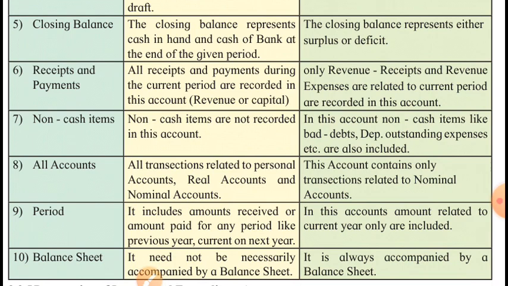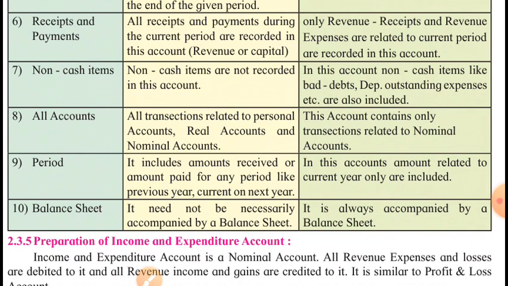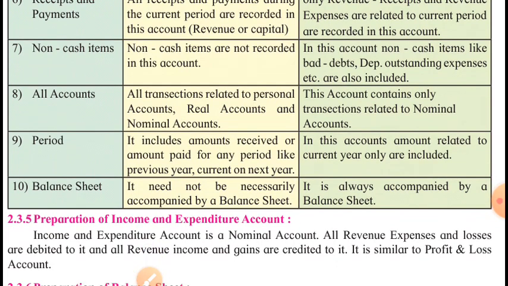In the receipt and payment account, non-cash items cannot be recorded because the receipt and payment account is for cash transactions only. So, how can we show non-cash items in this account? But in the income and expenditure account, we can show non-cash items too, in addition to the cash items, like bad debts, depreciation, outstanding expenses, accrued incomes, and so on.